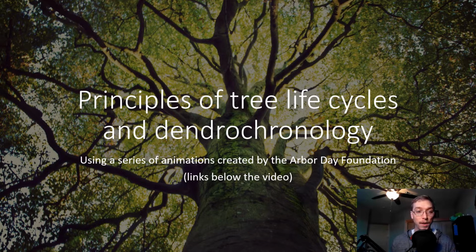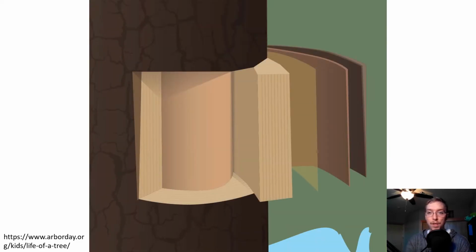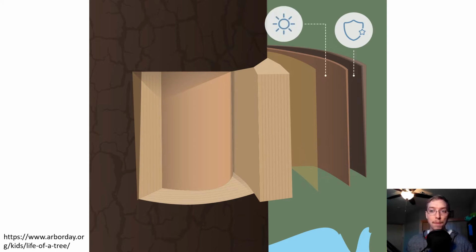So we're going to walk through and kind of understand what we're looking at with past climates for tree ring analysis. So here we're looking at an example of a 62-year-old tree over the next few slides. Again, all of these animations developed by the Arbor Day Foundation. Here, the outer bark is the tree's protection from the outside world. The inner bark, or phloem, is the pipeline through which food moves through the leaves to the rest of the tree.